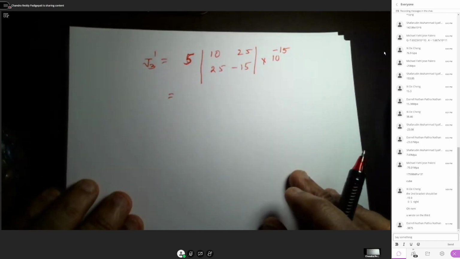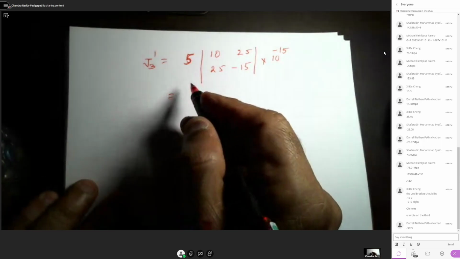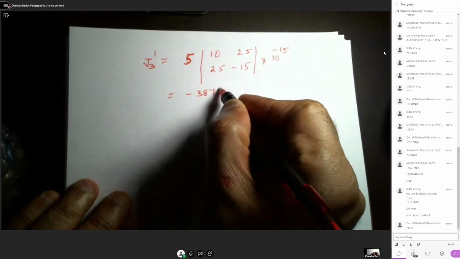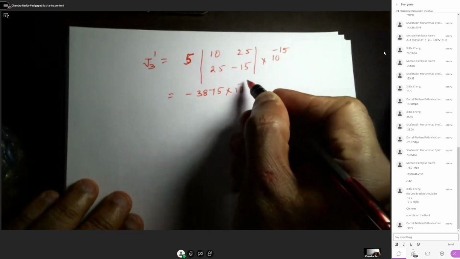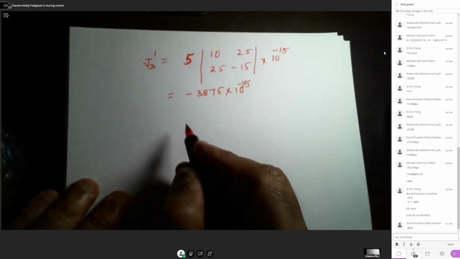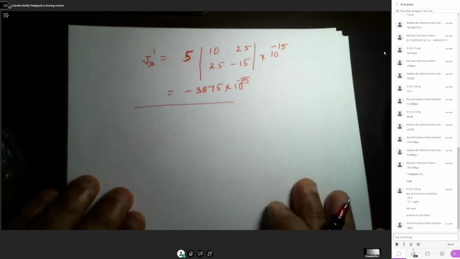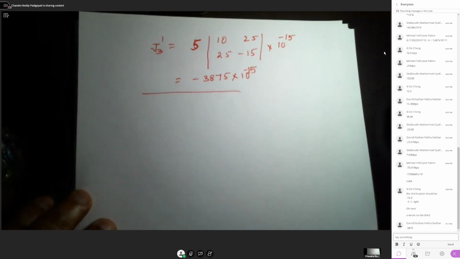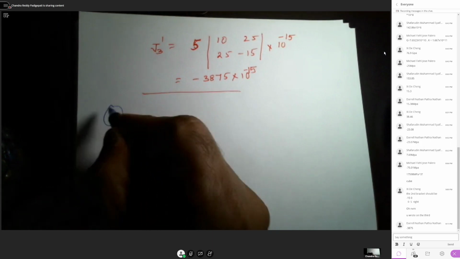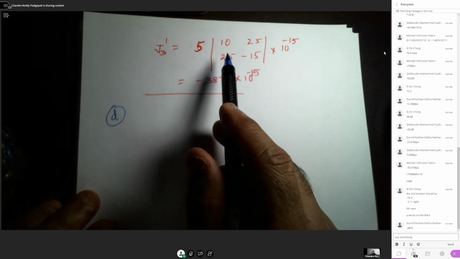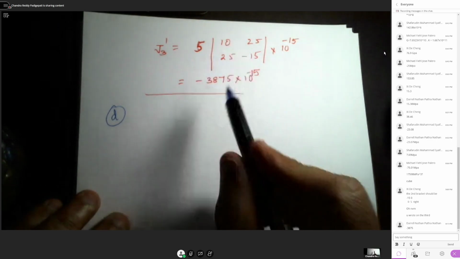You get negative 387.5, that's correct, Darrell, 3875 times 10 to the power minus 15. So these are the three deviatoric strain invariants: J1 dash, J2 dash, and J3 dash.